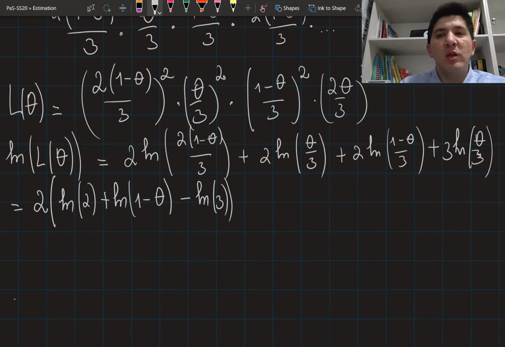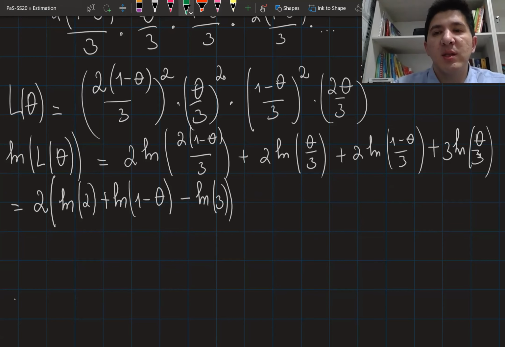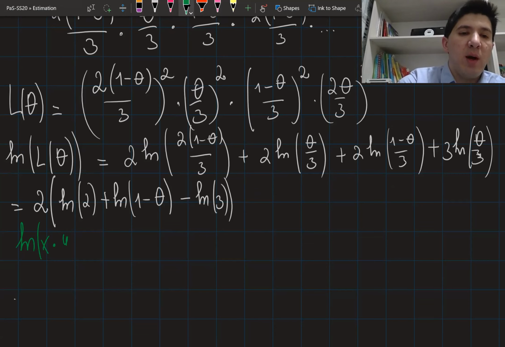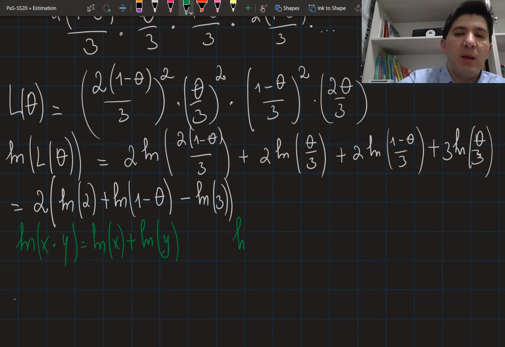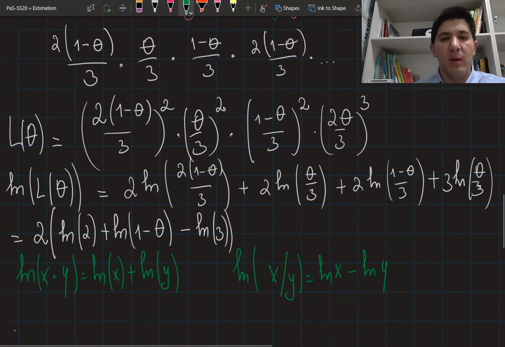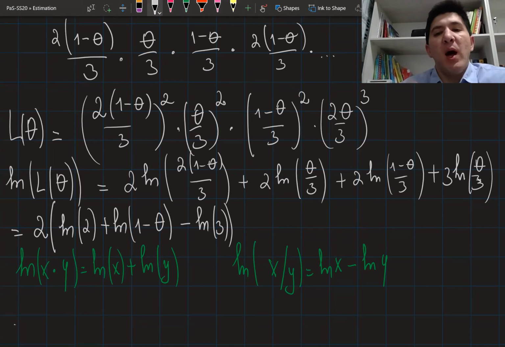You basically need to know a couple of properties of the logarithms. They tell you that ln of x times y is equal to ln of x plus ln of y, and ln of x over y is equal to ln of x minus ln of y. Okay, so I'm just using this property and expanding everything.